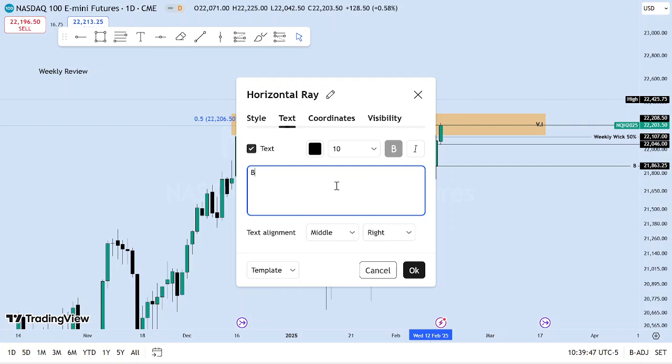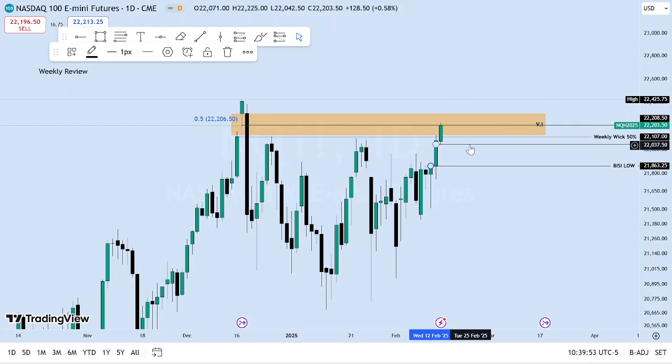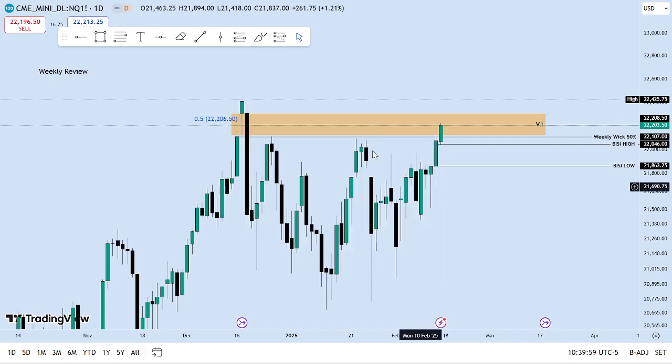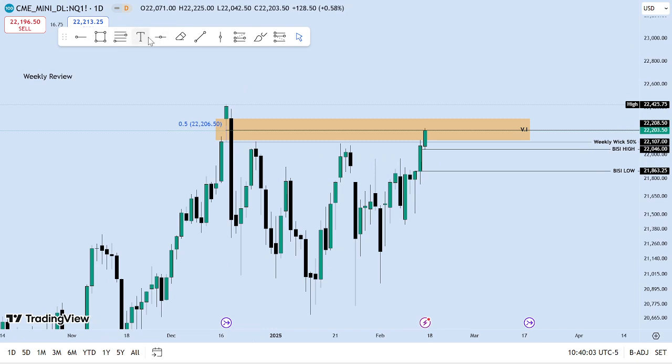That's BISI, buy side inefficiency, sell side imbalance, low to high. It's an inefficiency, a major support or resistance. To get a 50% of it, anchor from the high to the low. Use your Fibonacci.